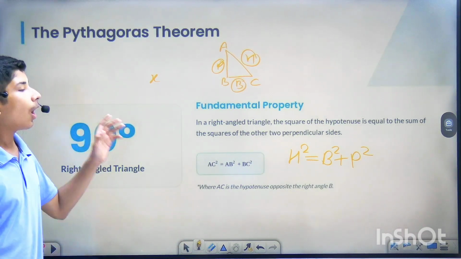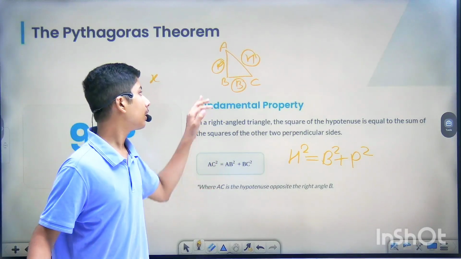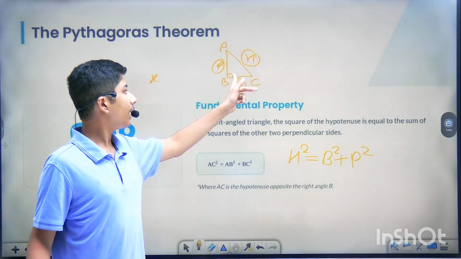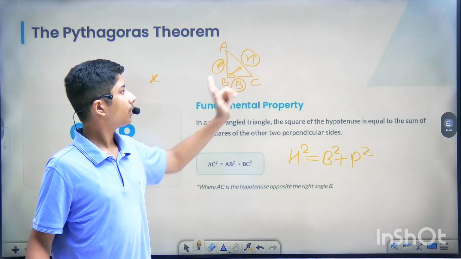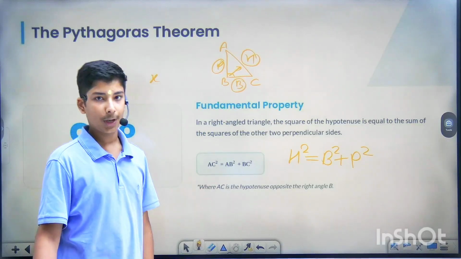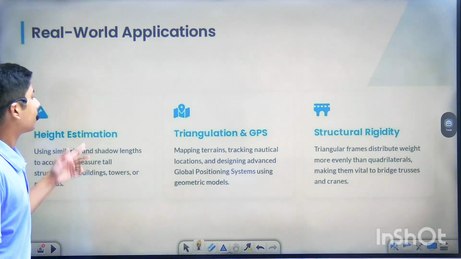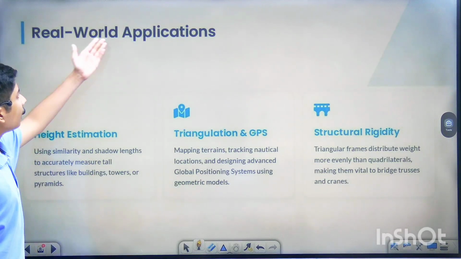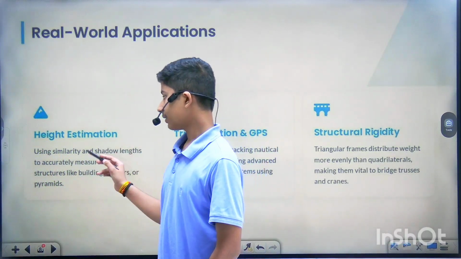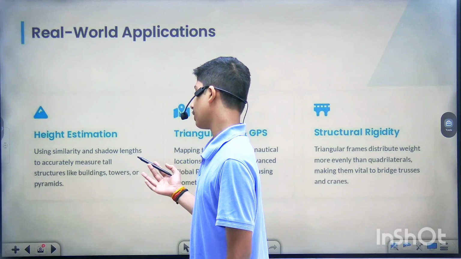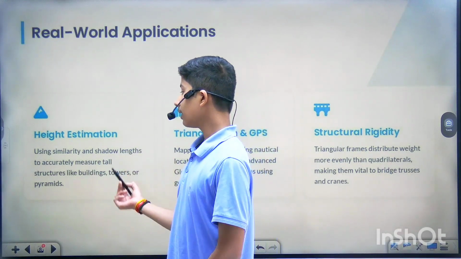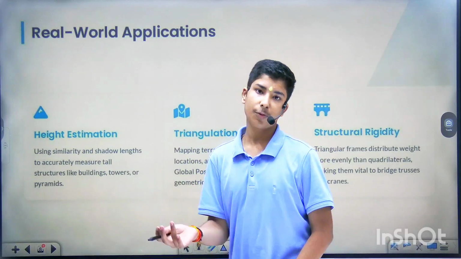Now, how do you identify the hypotenuse? The largest side by seeing, or you can say the side just in front of the right angle is our hypotenuse. Now coming here, real world applications of this. Height estimations using similarity and shadow lengths, you can accurately measure tall structures like buildings, towers, or pyramids.